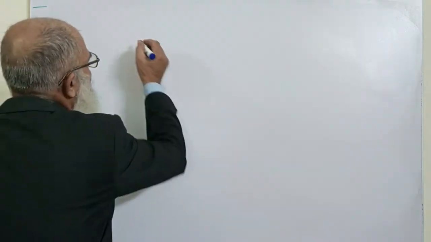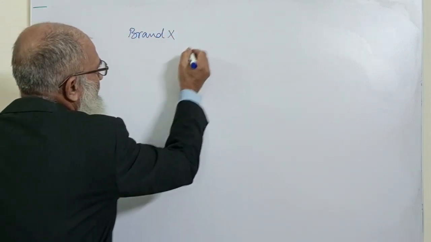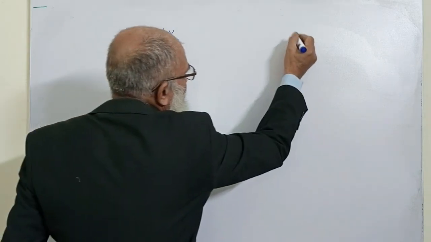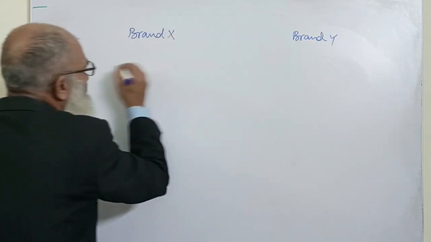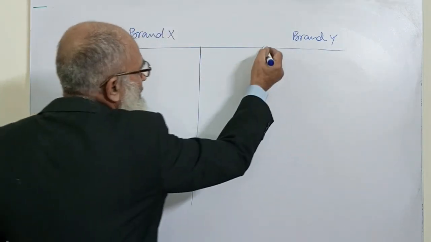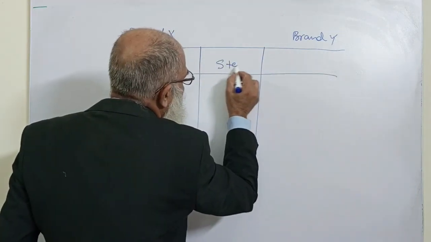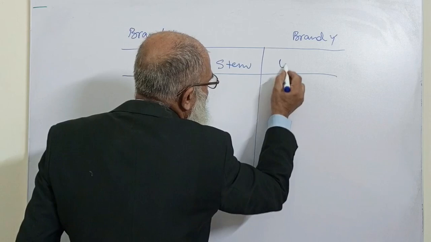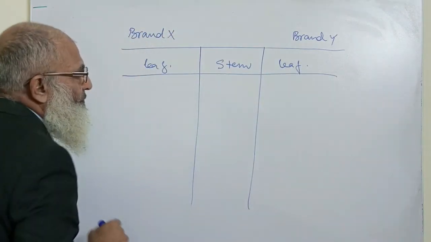Now, if you have a brand X over here and brand Y over here, what will you do? You will draw a line over here, a line over here. This will be your stem, this will be your leaf, and again this is your leaf.